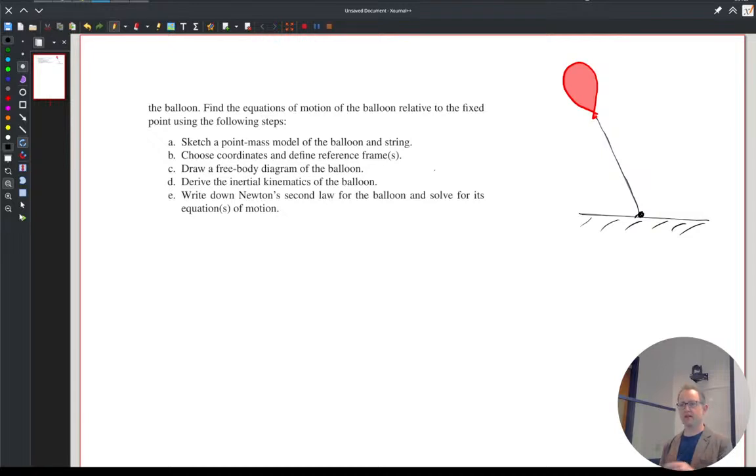I think point mass averages the forces over the entire balloon. It's kind of hard to show that a point mass is rotating, whereas with a rigid body, you can apply a torque and see exactly where it's being applied on the balloon.